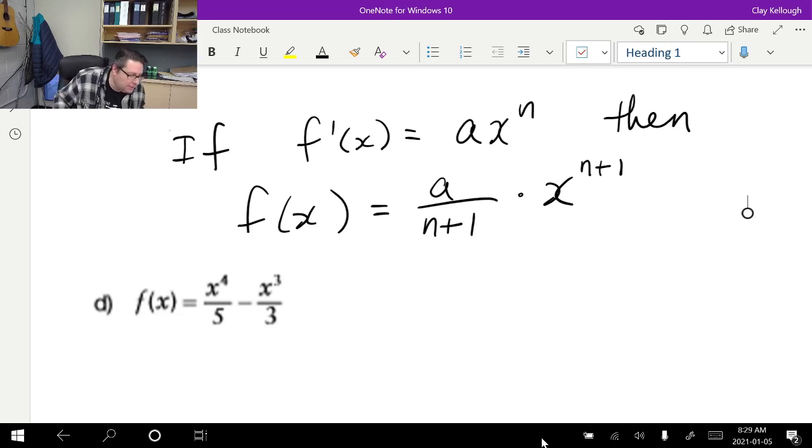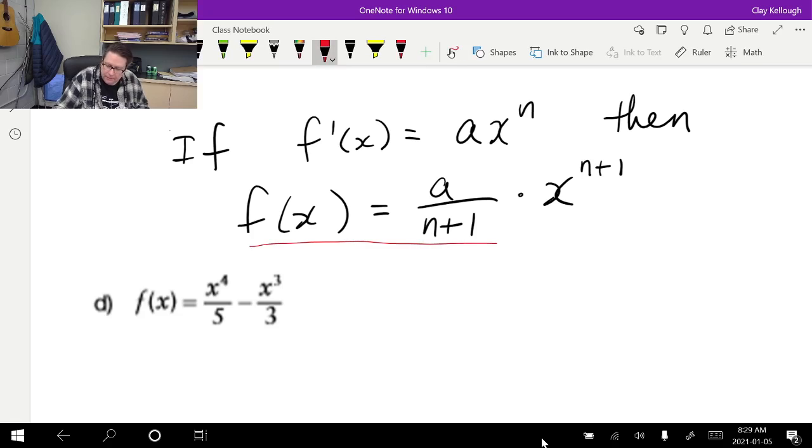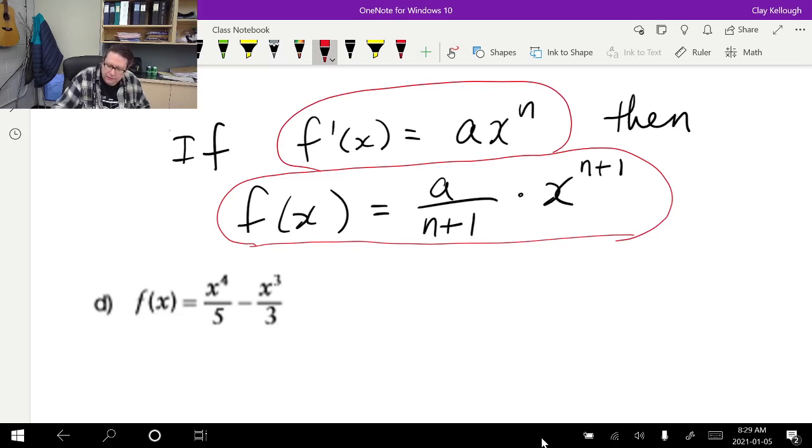First of all, I wanted to talk a little bit today about something that we did, I think maybe on the Monday of last week, which was this idea here, the antiderivative. And this is the formula, of course, for an antiderivative, given that you have a derivative that looks like some sort of function.